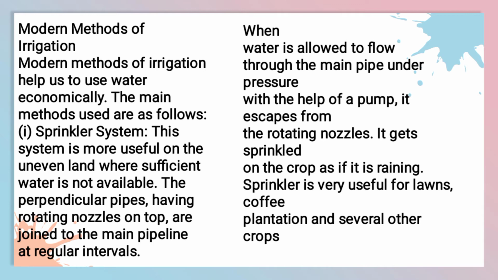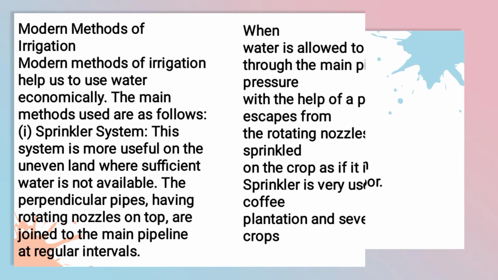Water escapes from these nozzles when they are rotating, and that gets sprinkled on the leaves of the plant. Sprinkler irrigation is useful for plants like coffee plantations and several other crops and lawns.